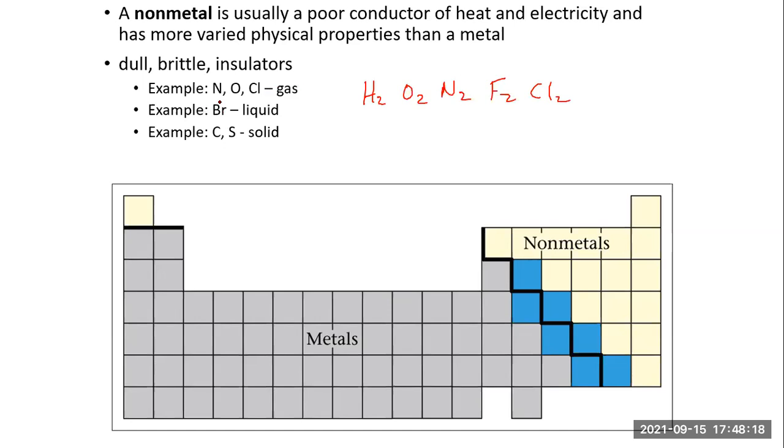Bromine, which also comes as a 2, is a liquid, and there are some that are solids like carbon and sulfur. So unlike metals, we do see much more varied states than we do in the metal state.